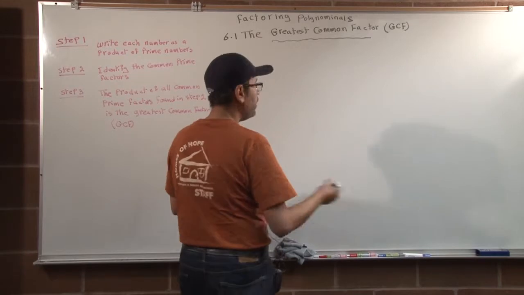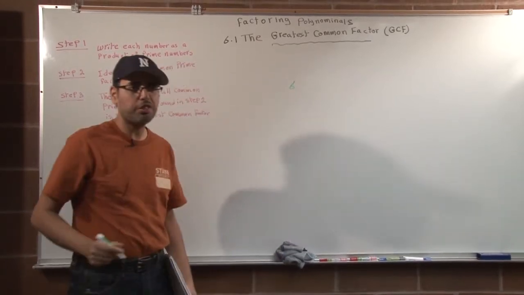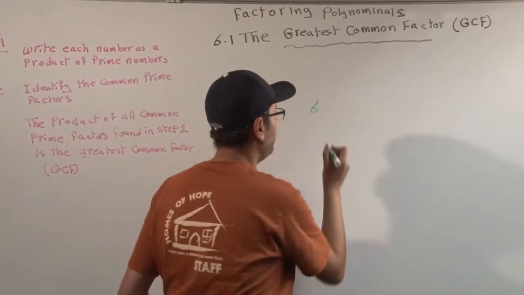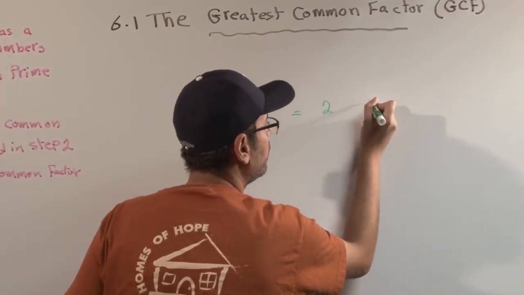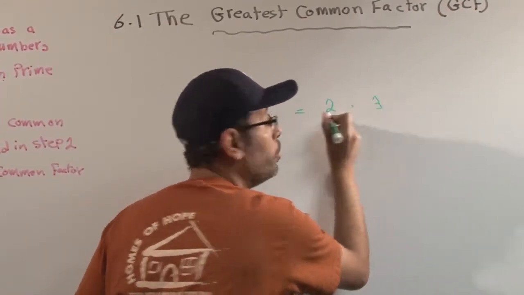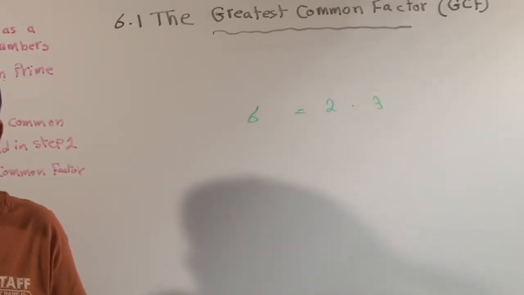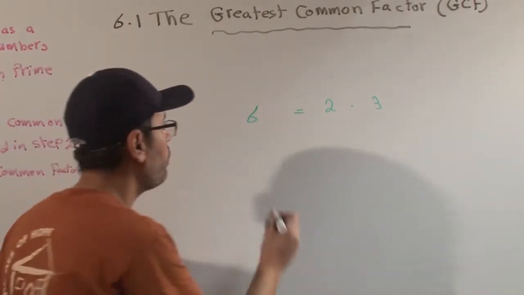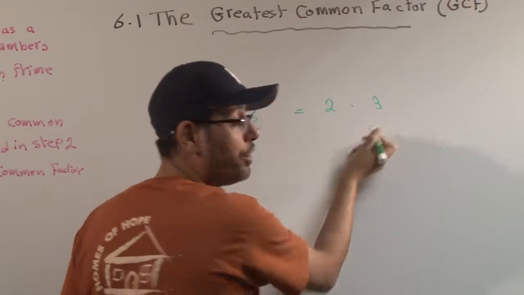If I say the number 6, 6 is not a prime number, but I can say that 6 equals 2 times 3. 2 is a prime number, and 3 is a prime number as well. 2 times 3 equals 6. So now 6 is the product of 2 and 3.